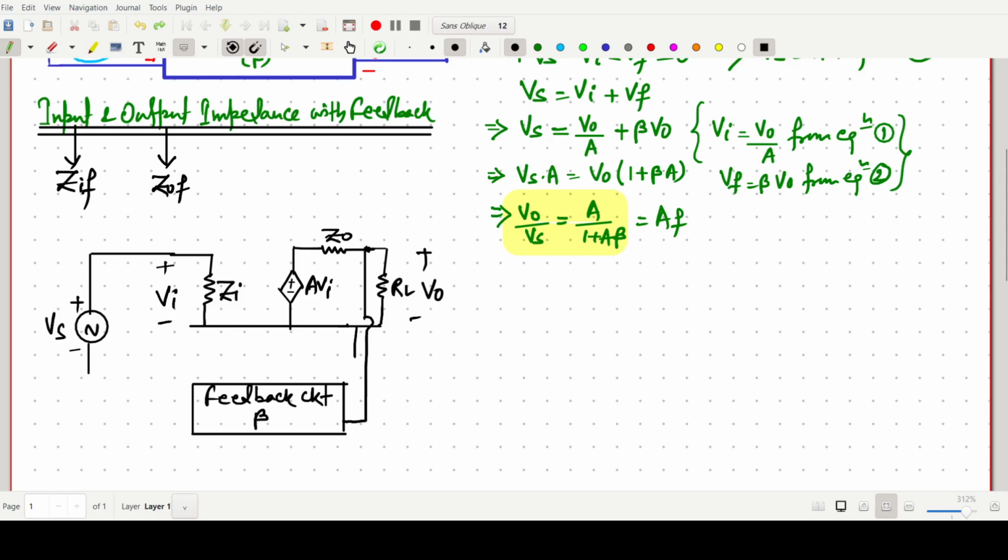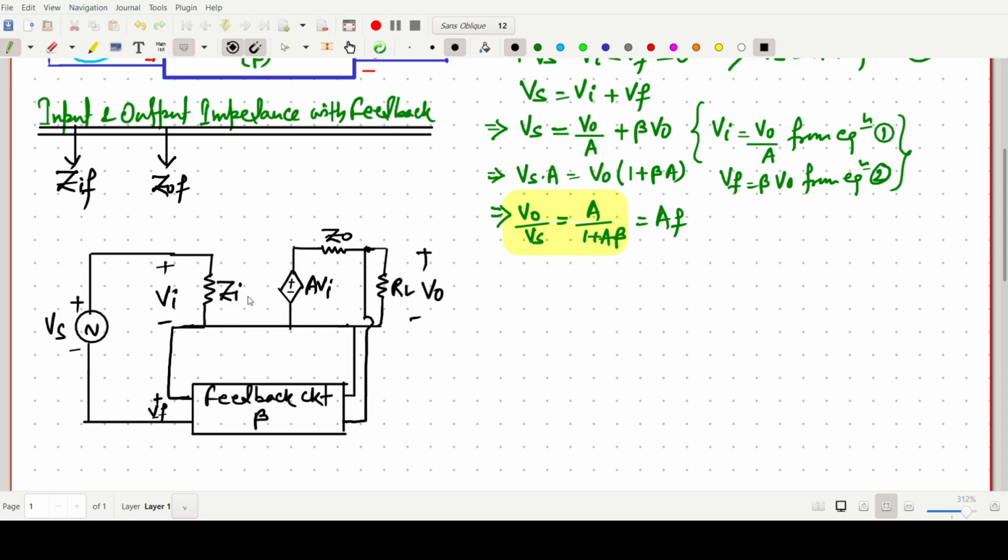I am again drawing this line, and now this feedback path is connected to the lower end of the base, and this one is connected to the output. This one is simply Vf and V naught. So this is the equivalent circuit.